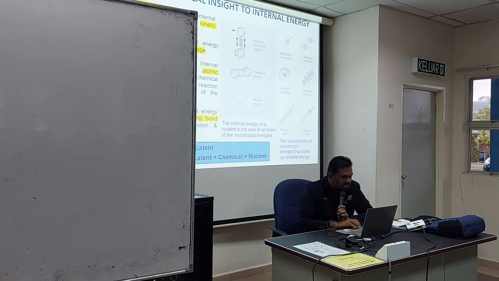So nuclear energy is related to proton and also neutron, okay, and the atom itself, but chemical is more in a bigger scale. Okay, it's more on the bond, atomic bond, and also chemical bond, which is destroyed during a change in the internal energy.